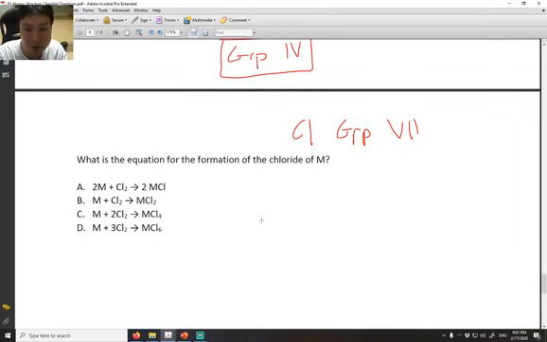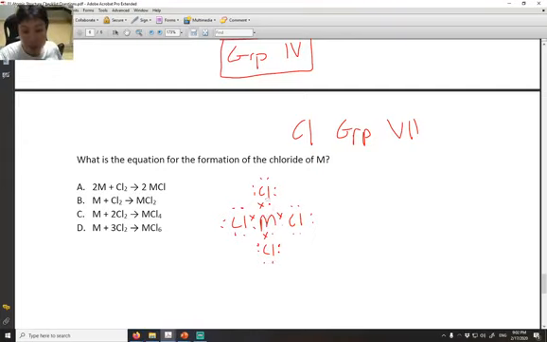So let me just draw the dot and cross diagram for MCl4. I'm just going to simplify it like that. Cl, then dots.